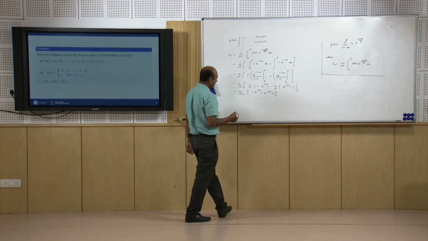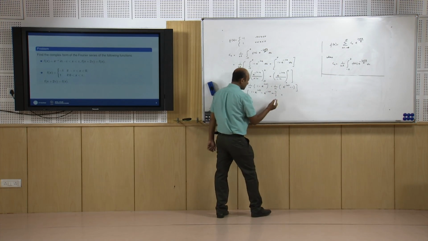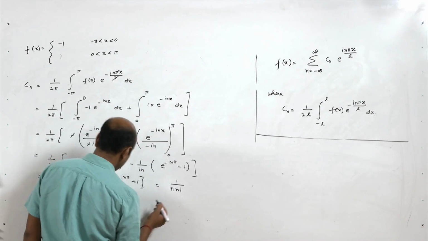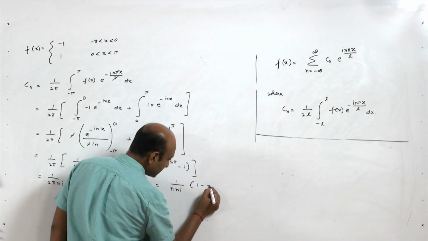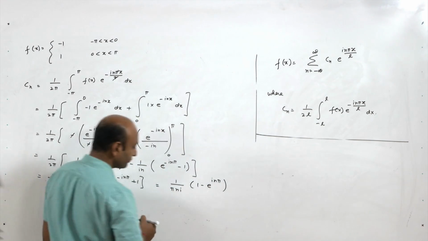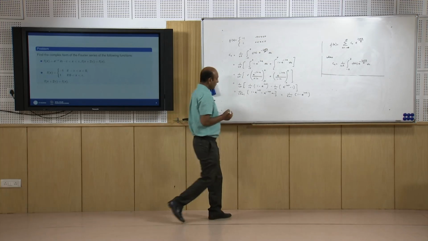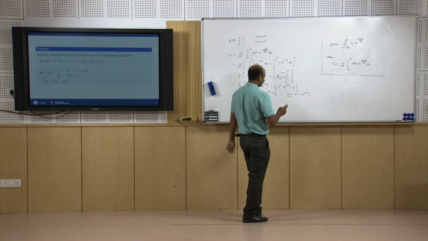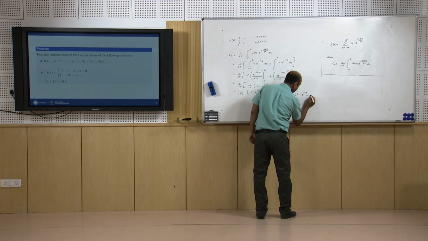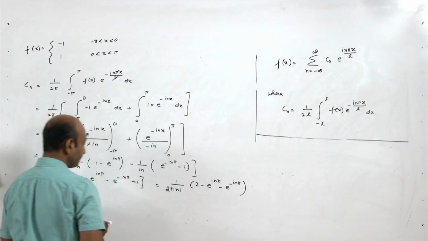So, this is nothing but, when we simplify this, it is 2 times of this, 2 cancels out, so it is nothing but 1 upon pi n iota and 1 minus e to the power iota n pi. Okay, it is not 2 times. So, it is 2 into minus e to the power minus iota n pi. So, 2 is remaining here.